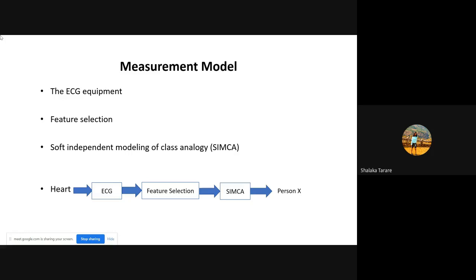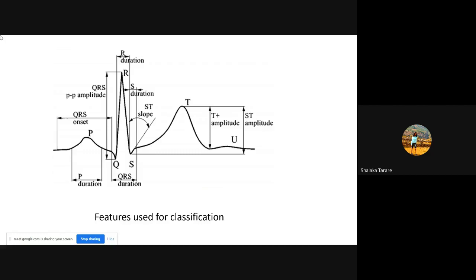Once this training process is done, the SIMCA classifier can be presented with a randomly selected person belonging to the original group of subjects. The SIMCA classifier then picks the person providing the best match in the group as the output. These are the features used for classification.